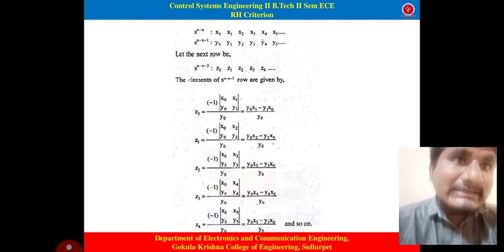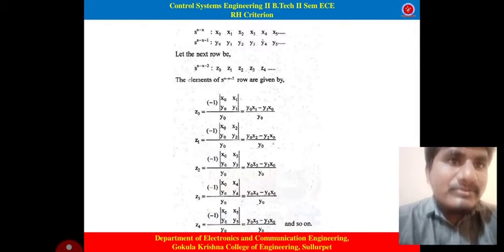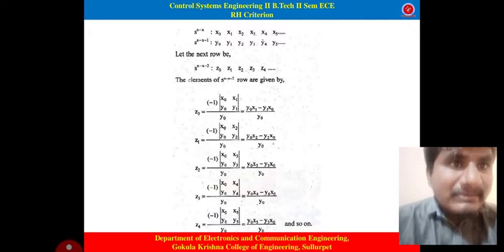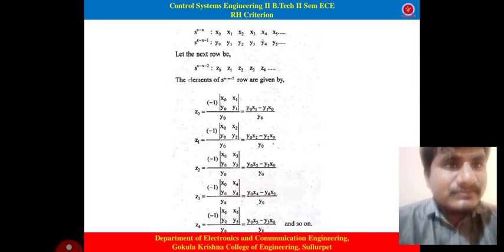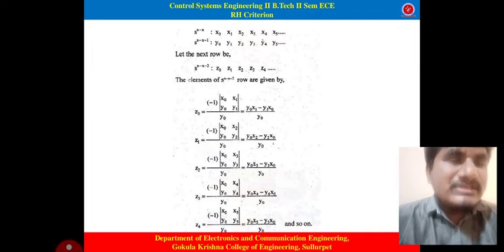Similarly, z1, the next value in that row, is calculated using the determinant of x0, x2, y0, y2 divided by the same y0.